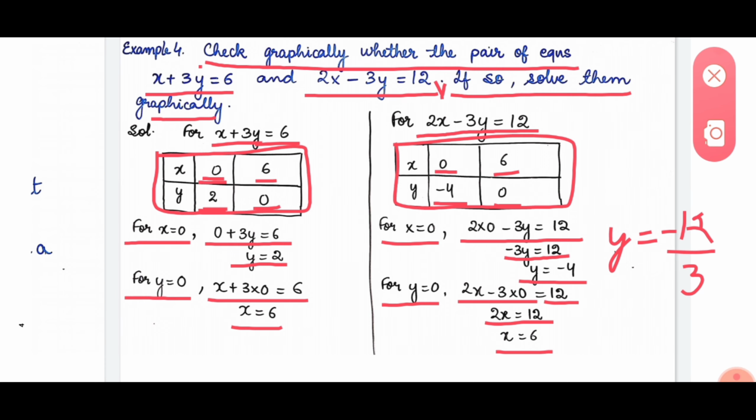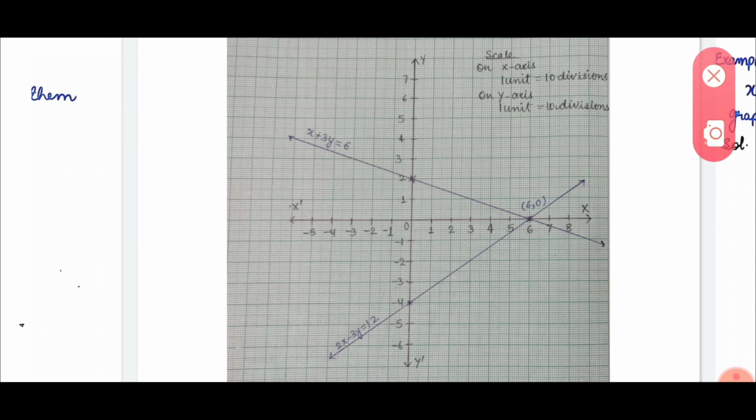Now let us plot the graph for the points and for the equations. You can see from the graph that the line representing x plus 3y equals 6 passes through 0, 2. Okay, this is the point. And the second point is 6, 0, as we got the points in the previous slide, right?